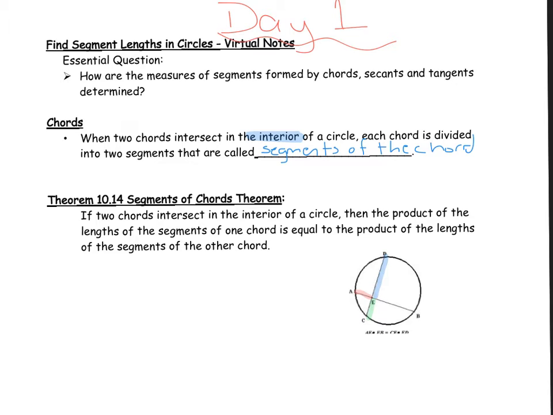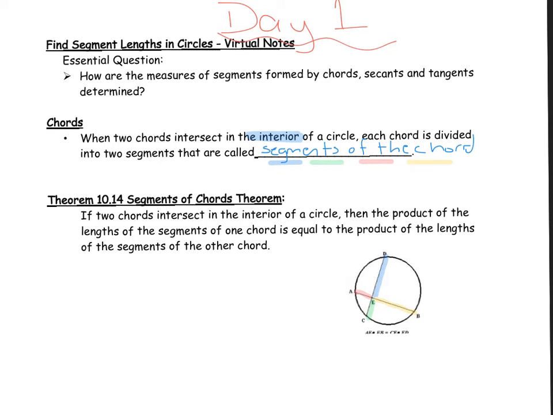That is a piece of chord AB. And we have a segment of the chord here. EB is a piece of chord AB. So segments of the chord are just showing you all the different pieces that there are. Each of those different colors is a segment of a chord.